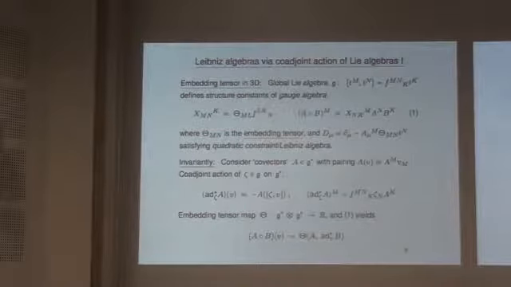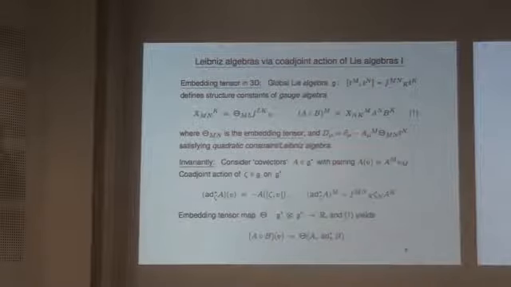And the embedding tensor is a symmetric tensor, with this index structure, and it defines in particular the covariant derivative of the theory. So if you have a gauging, you start with a global symmetry of the ungauged theory, which is this Lie algebra here, and then we define the covariant derivative in this fashion using the embedding tensor. Okay, and now the statement is that this structure here, X_{MN}^K, defines the Leibniz-Loday algebra. Written in a basis of indices, it looks like this.